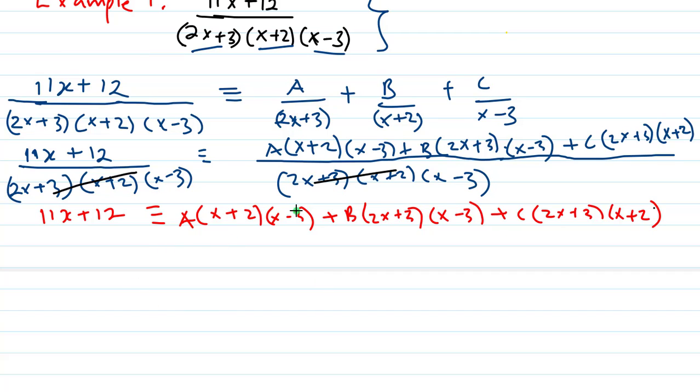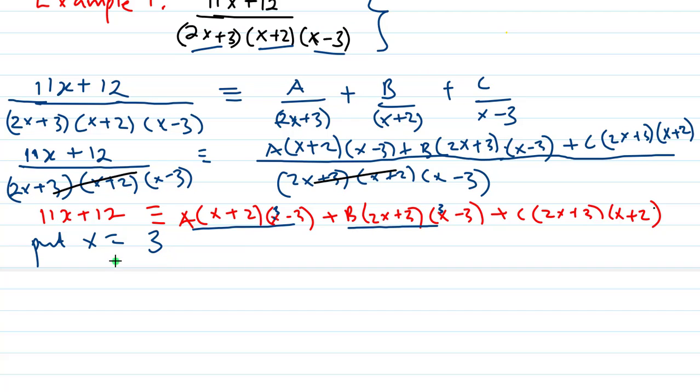So I have to choose specific values of x that are going to help me find some of these constants. Let's begin with x equals 3. So if I put x equals 3, I know that all this is going to be 0, all this is going to be 0, because 3 minus 3 is 0, even here 3 minus 3 is 0.